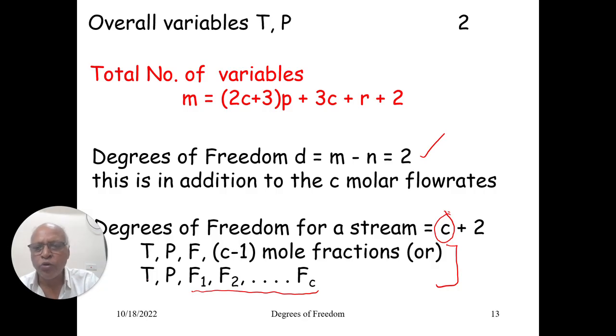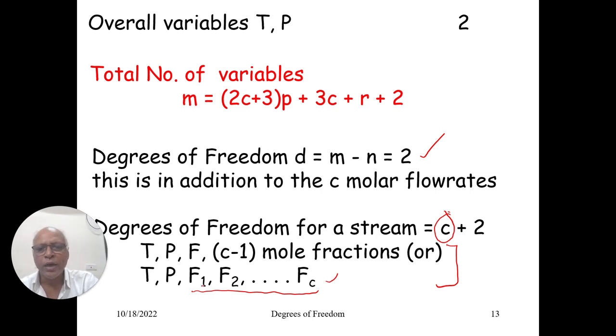So if you are able to define temperature, pressure and each and every component's mass or mole flow rate, then you will be in a position to define the system completely. Whatever property that you want, you should be in a position to calculate. That is what is meant by degrees of freedom. So this is one alternative.